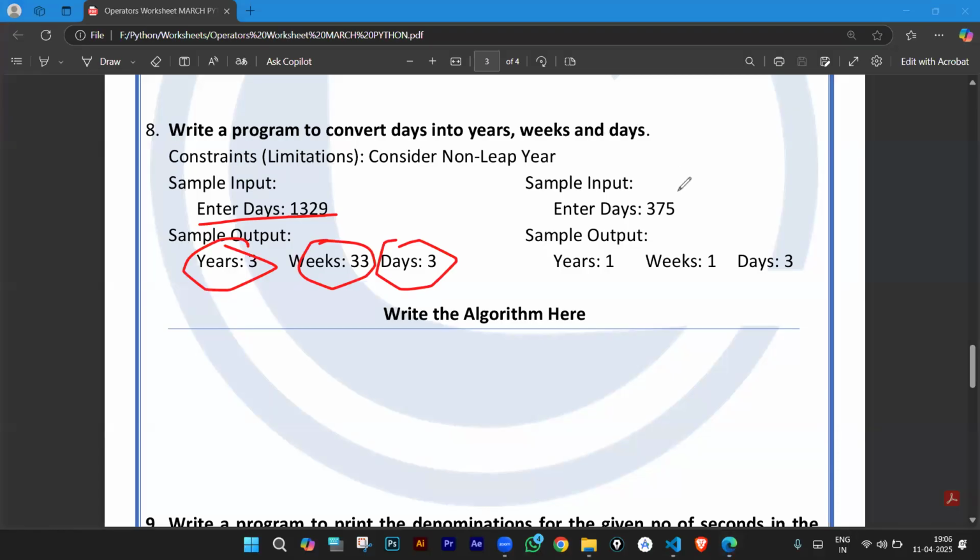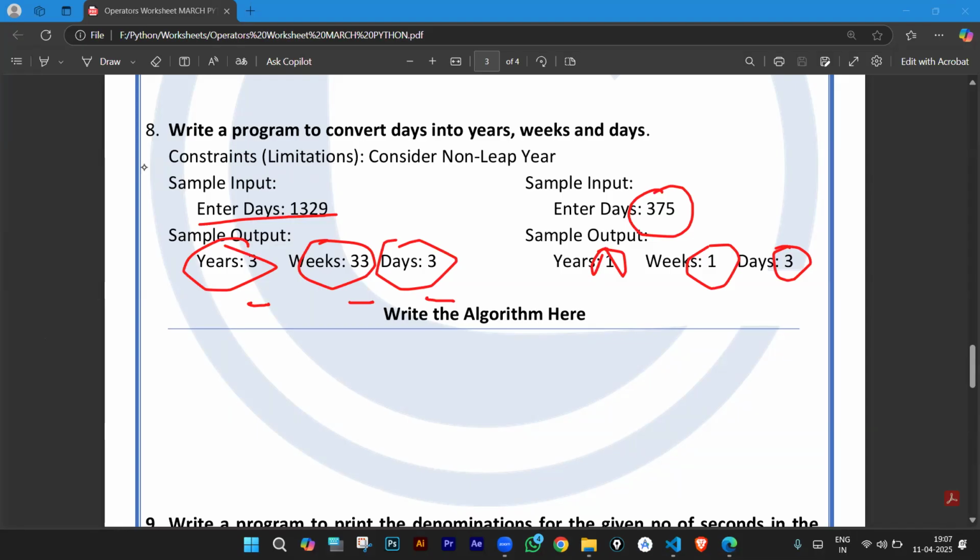If we have 375, then 365 days is equal to 1 year, and of the remaining 10 days, we have 1 week and the remaining 3 days. In that way, for 1329, you split that into years, you will have 3 years, and you split the remainder into weeks, in groups of 7 days, you will have 33 weeks and the remaining will be 3 days. That is how it is going to be.